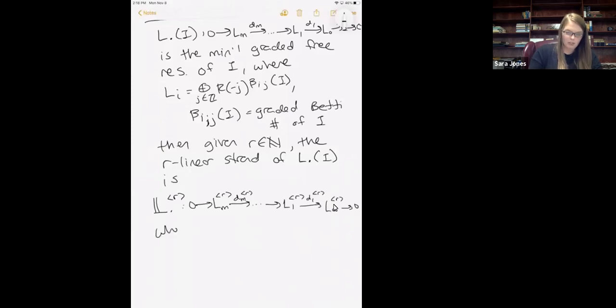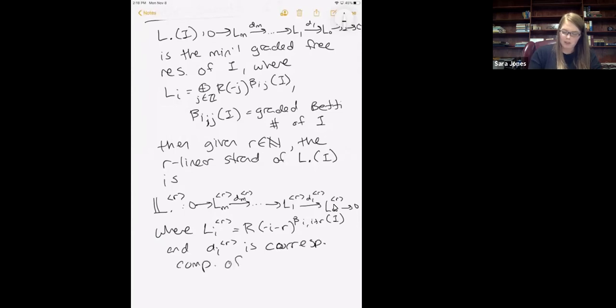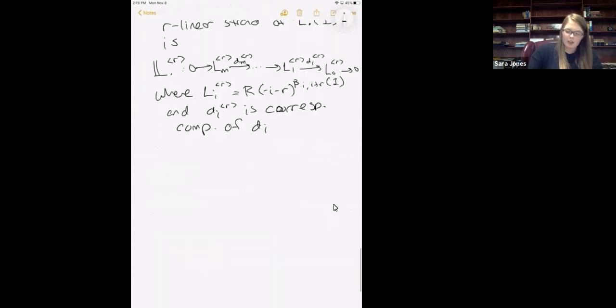Where each of these terms are the corresponding terms of the free resolution. And the maps here are the corresponding components of the maps of the free resolution. Okay, so that's what a linear strand is. It's basically just a way of breaking up your free resolution so that each strand, of course, is linear, as the name suggests. So this is going to allow us to make our calculations significantly easier.